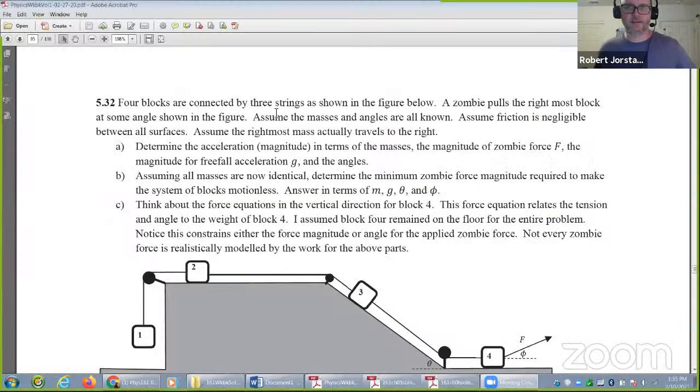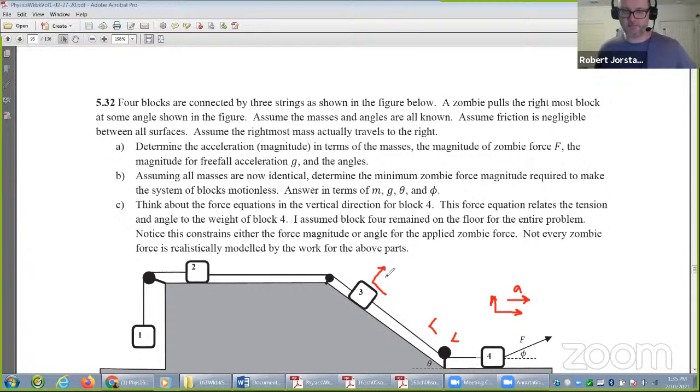Right, in this case, I'm going to assume if you're pulling this one, it's going to accelerate to the right. And so then you follow the string around. That makes this one go this way, right? And we'd expect if the front one, if number 4 accelerates to the right, this one will accelerate down the plane. Notice I use a rotated coordinate system.